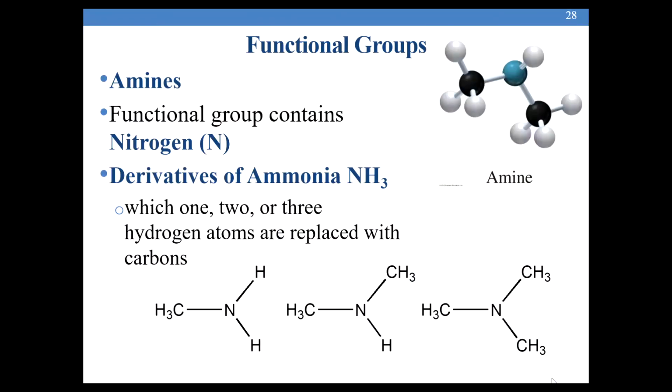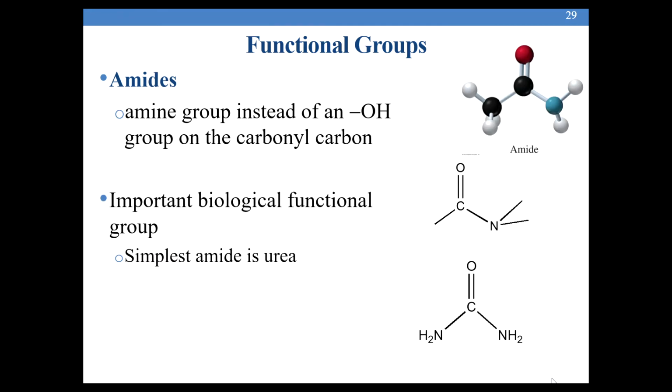So we are almost done going through the different functional groups, and you can see the pattern. They're just a different element. There's not very many of them, but we can come up with a lot of different combinations as we start combining functional groups. The amide functional group is actually seen in a lot of biological substances.